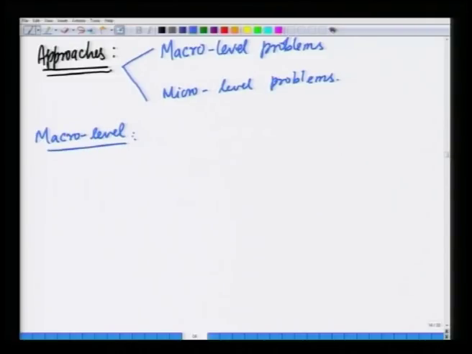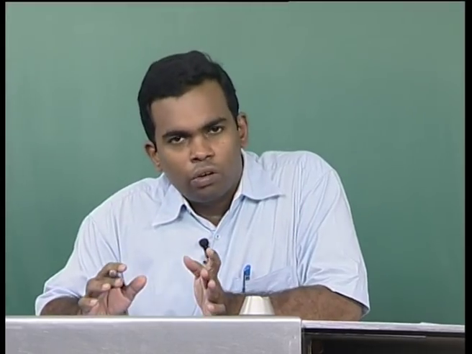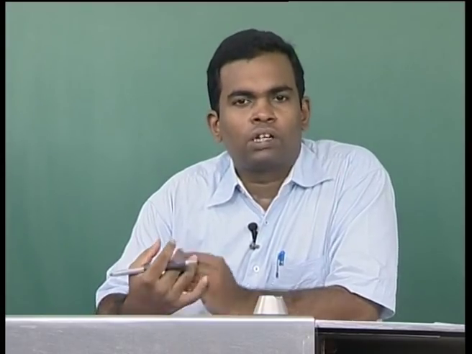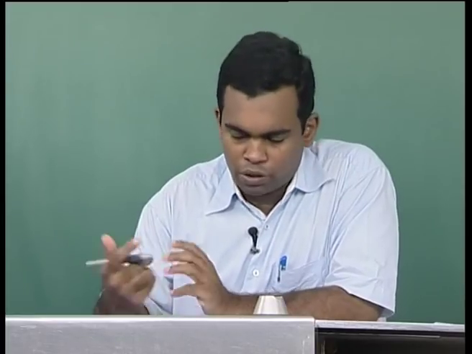Okay. So, here in macro level problems, the goal is to predict some overall features of the flow. For example, what is the overall power required to pump a fluid, okay, and we are typically not interested in the detailed nature of the flow that is happening inside the process equipment. Okay.